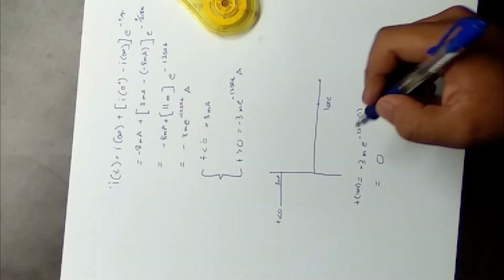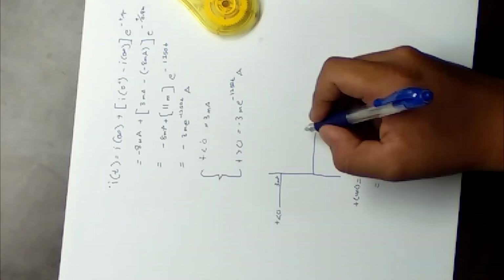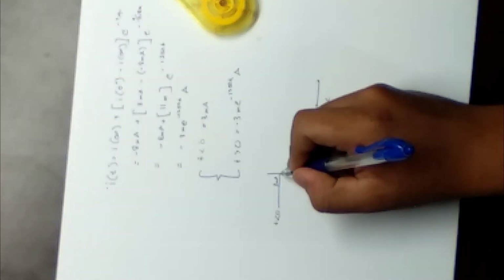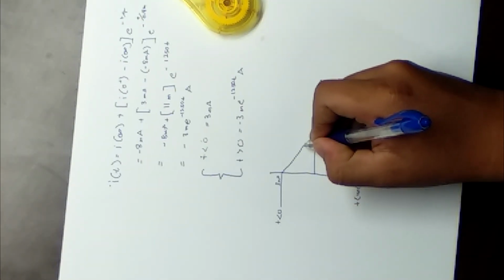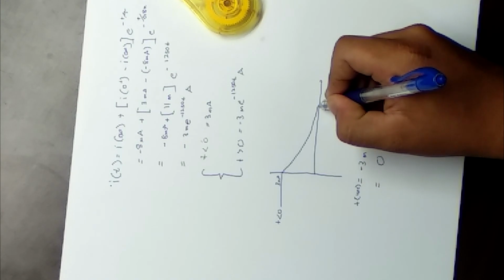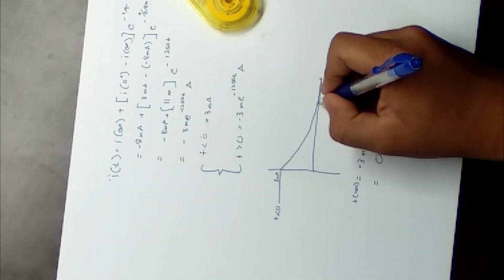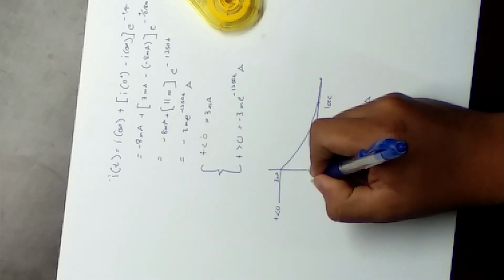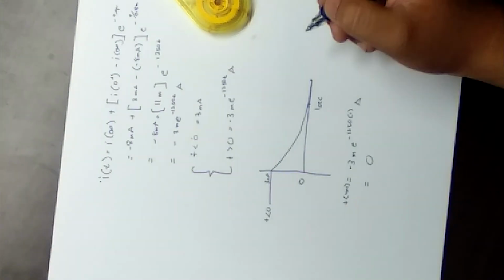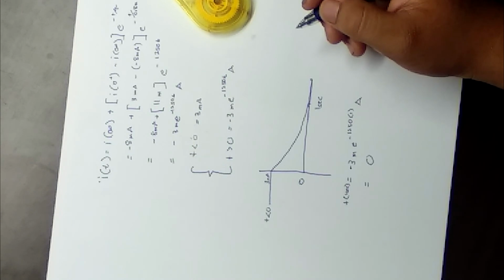So we can get the graph. The graph will go down like this to 0, and this is the point. Okay, that's all for today.